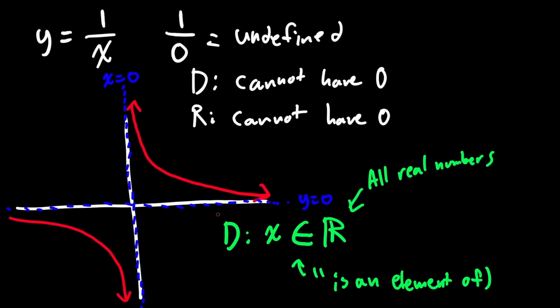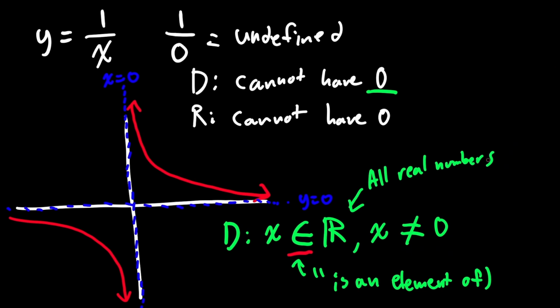Now, this obviously isn't true because we have just said that the domain cannot have 0 in it. So to say that, we'll have to add a part to this statement. So we'll put a comma here, and then we're going to have to specify that x is not equal to 0. So what essentially this entire thing is saying is that x is a part of the set of all real numbers, but x cannot equal 0.